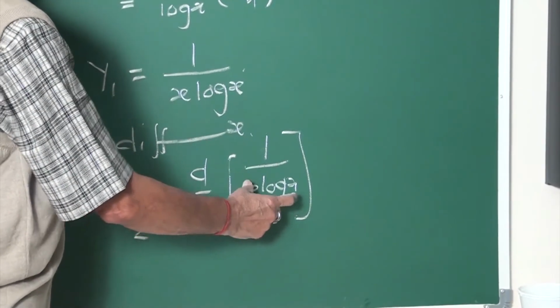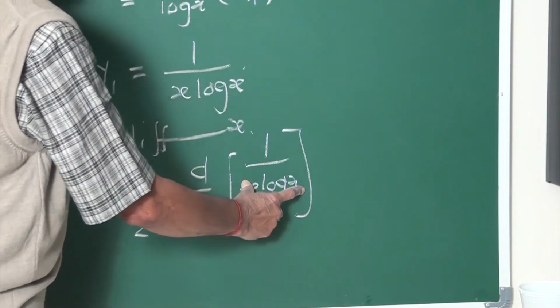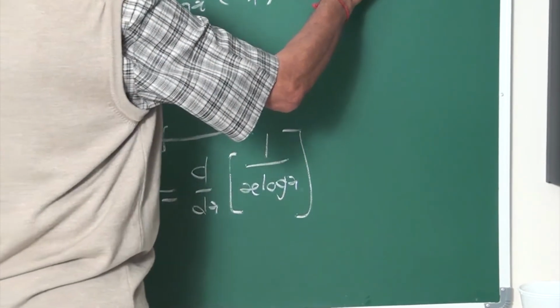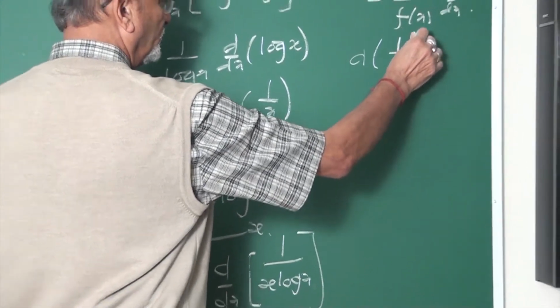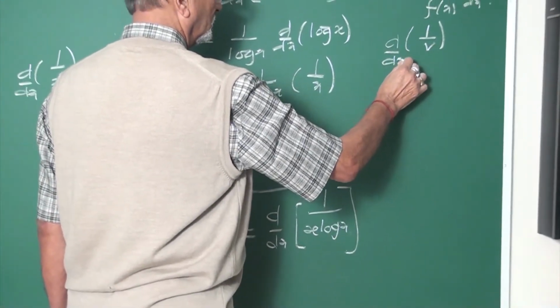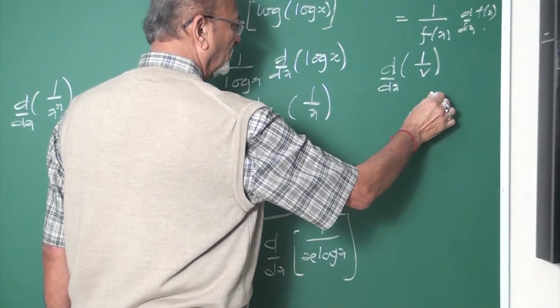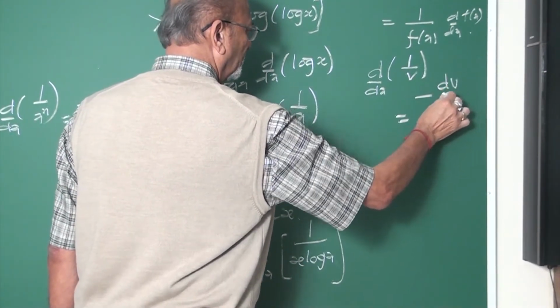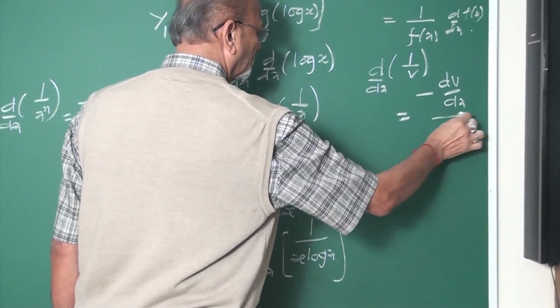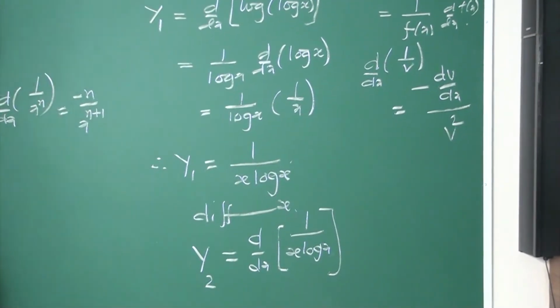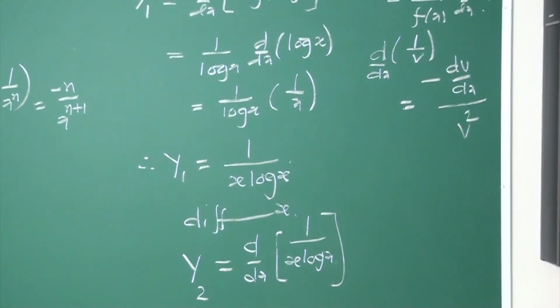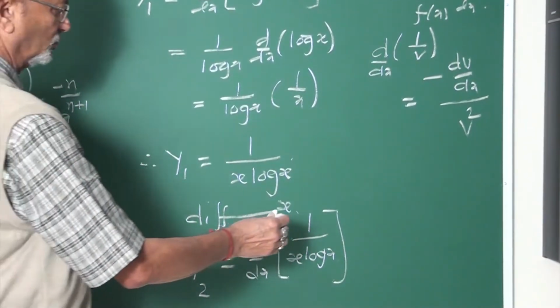This is 1 by p, where the denominator is a function of x. You know the formula: the derivative of 1 by p is minus the derivative of the denominator upon p square, the square of the denominator. Apply.